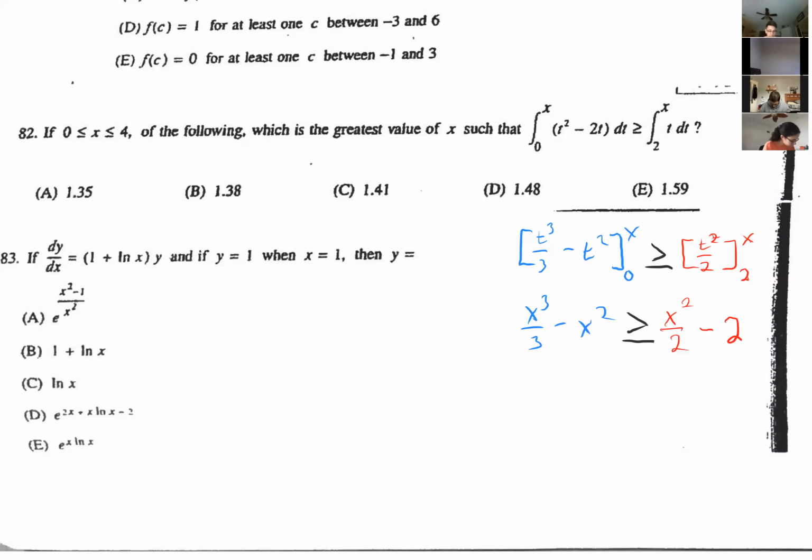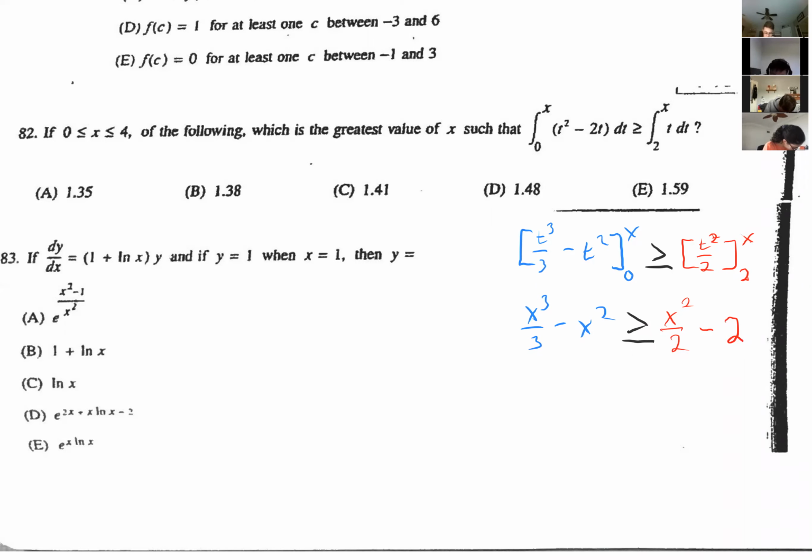So that's what I would set up. And at this point now, all I'd have to do is start plugging in the answers and see which is the biggest number. The nice thing is, once it doesn't work for 1, it's not going to work for anything bigger than that. So I'm going to try 1.35. I'm going to plug in 1.35 into the blue and the red. So I'm going to do 1.35 cubed, divide that by 3, minus 1.35 squared.